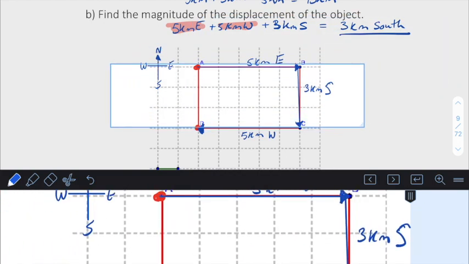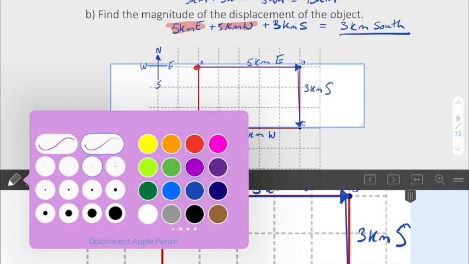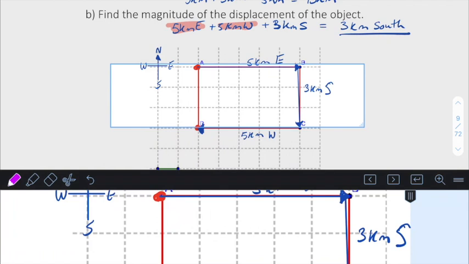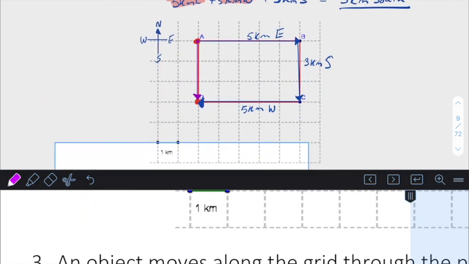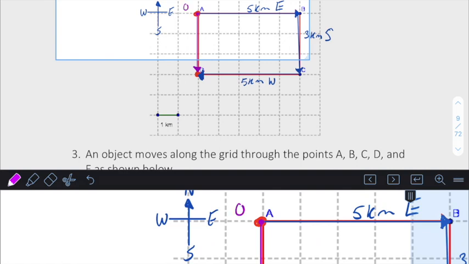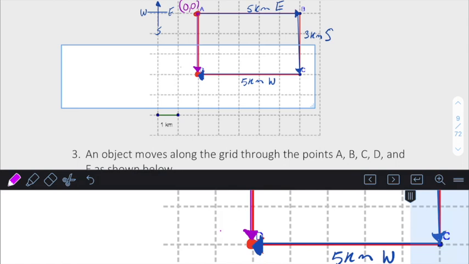And again, we could do this by drawing a final arrow. So we started at the A position and we end at D. So we could instead say that if A is at 0, 0, it's our origin, then the only thing that we have is that D is in the same position left and right, 0, but it is negative 3 kilometers to the south.